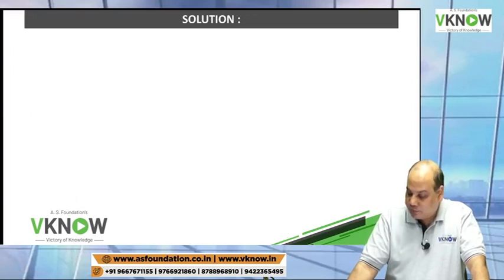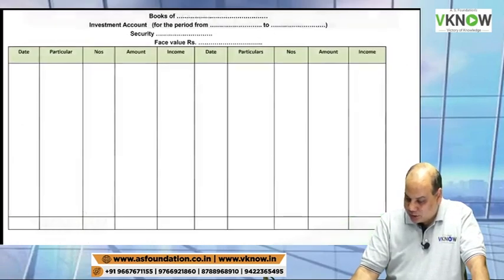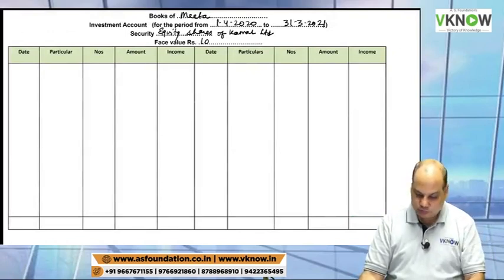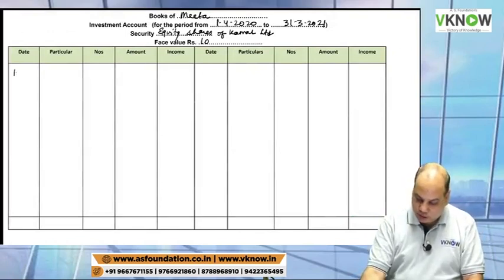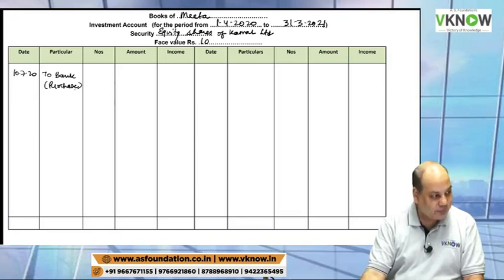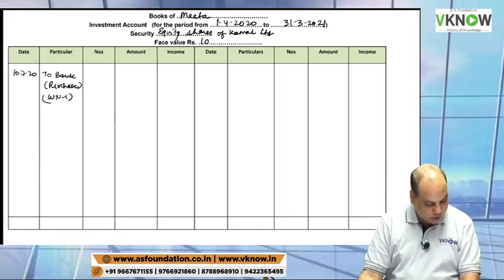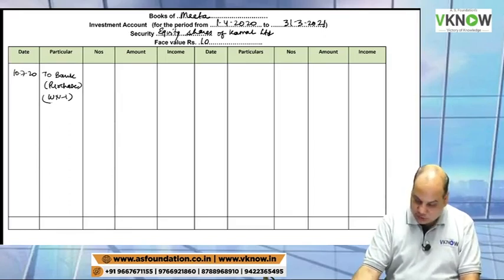No query? So now we'll just complete the answer. Keep the question in front of you. 10th July 2020, to bank, purchase. Working note 1. How many shares did you purchase? 6000.